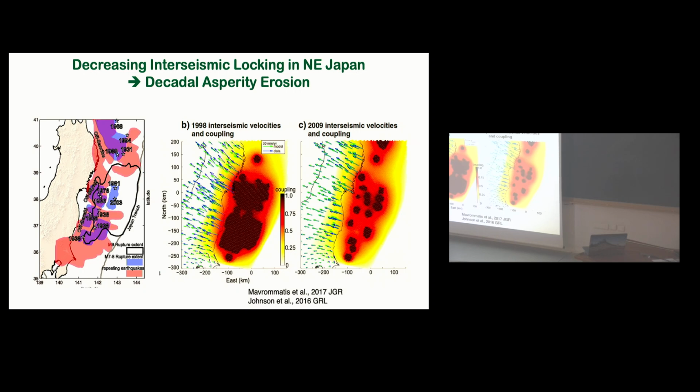So this is a really unique observation that we just haven't been able to do anywhere else, because we don't have the same kind of stable decadal GPS network. We're beginning to, in many areas. So it's going to be interesting to see if this is something that's common and ubiquitous or an anomaly.